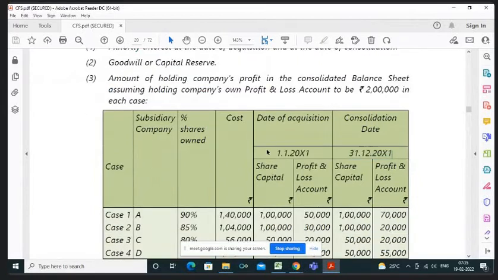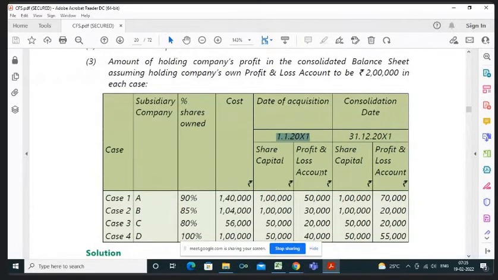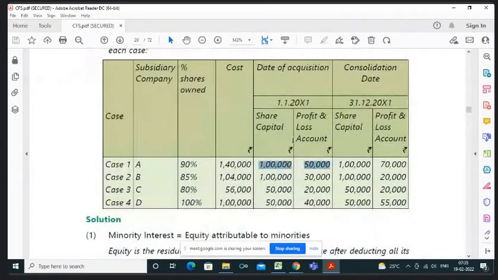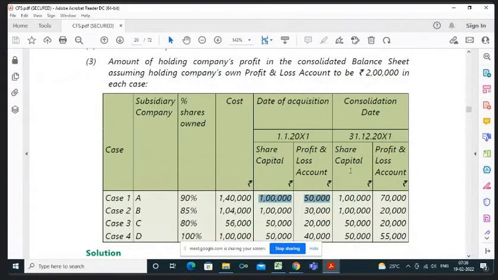If we consolidated on 1/1/2011, all these profits are pre-acquisition profits, already taken care of while preparing the goodwill or capital reserve. After this, whatever profit is earned will be called post-acquisition profits. That will be added in the consolidated profit and loss account.